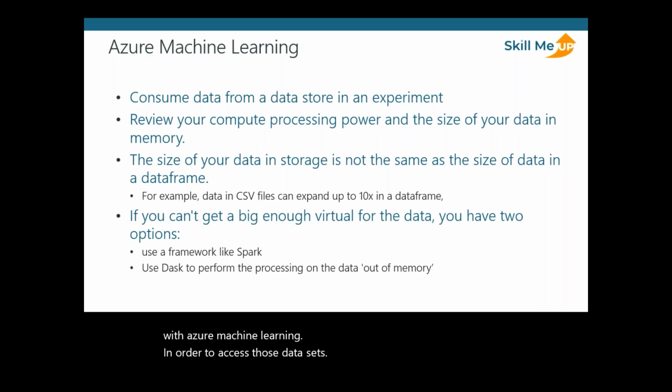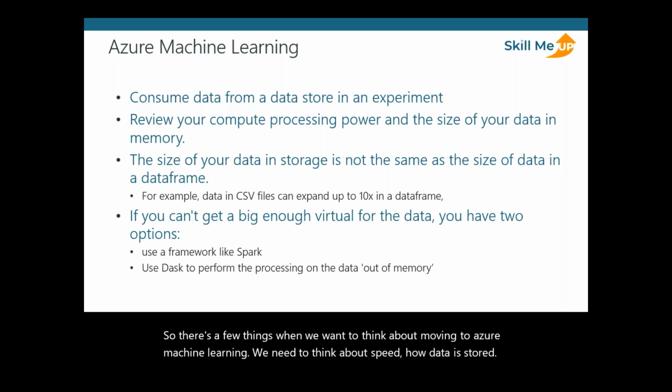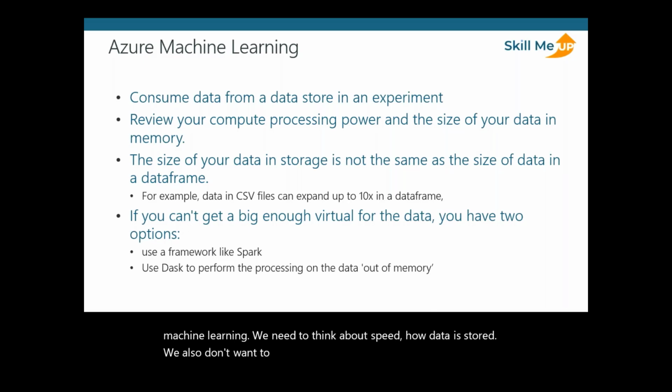There are a few things to think about when we want to move to Azure Machine Learning. We need to think about where our data is stored. We also don't want to think about running our experiments on our hard drive, because we can see so much more data in the cloud.